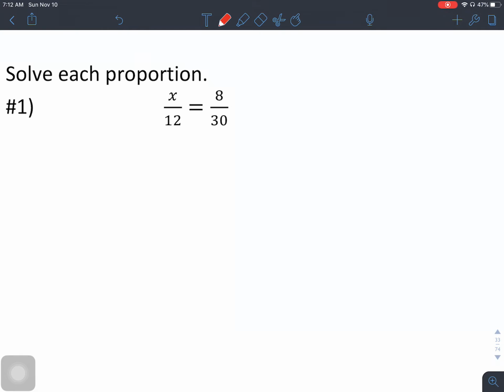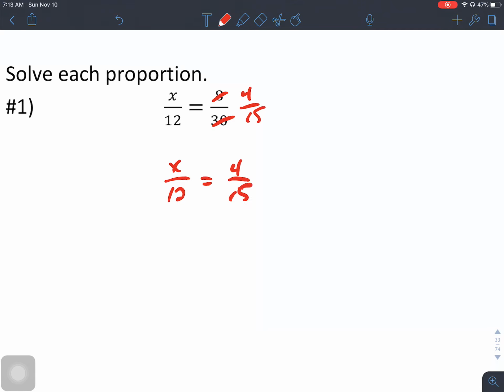I don't really care how you think of it, but if we divide, I take that back. We can't divide 30 by 4. We can divide them both by 2. If I divide 8 by 2, we get 4. If I divide 30 by 2, we get 15. So now we got x/12 equals 4/15.